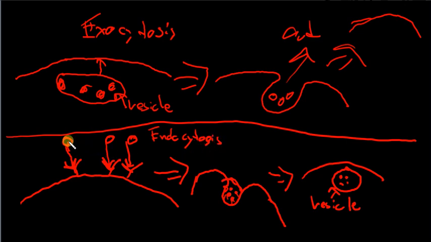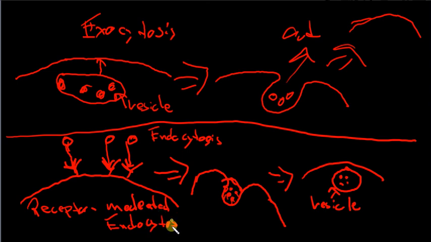And since these cholesterol molecules are binding to these receptors, and that's what's telling the cell to start creating this pocket to do some endocytosis, when there are these receptors, it's called receptor mediated endocytosis.